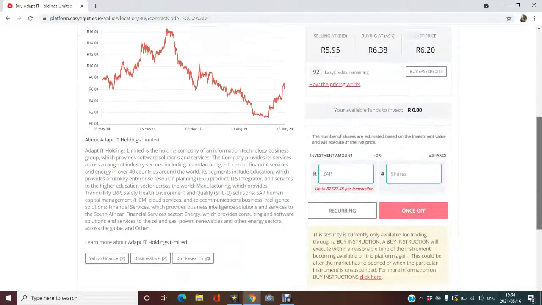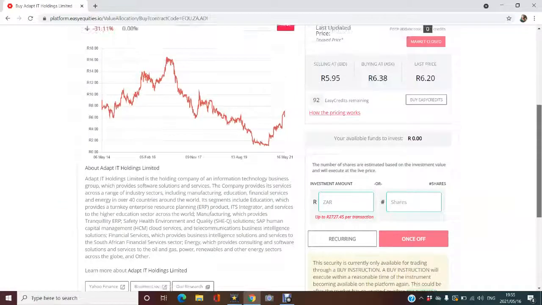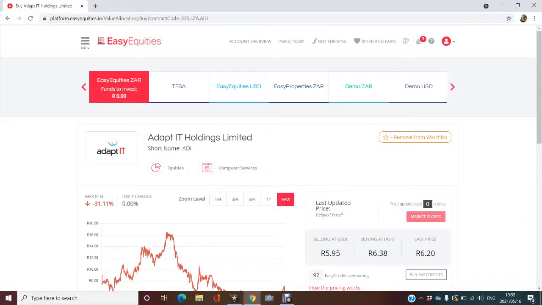So these are quite interesting features that they've got, and they've also got links to Yahoo Finance, Business Live, and their own research. So if you want to research the company, you can go to those links that they've put there to find the information about the particular company you are looking at at that point in time.